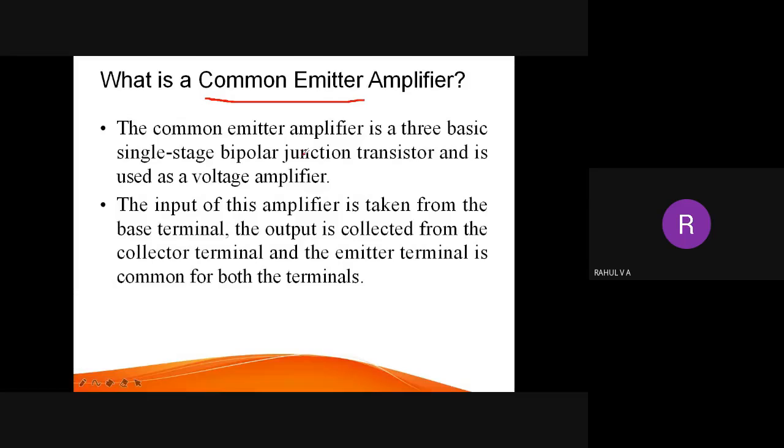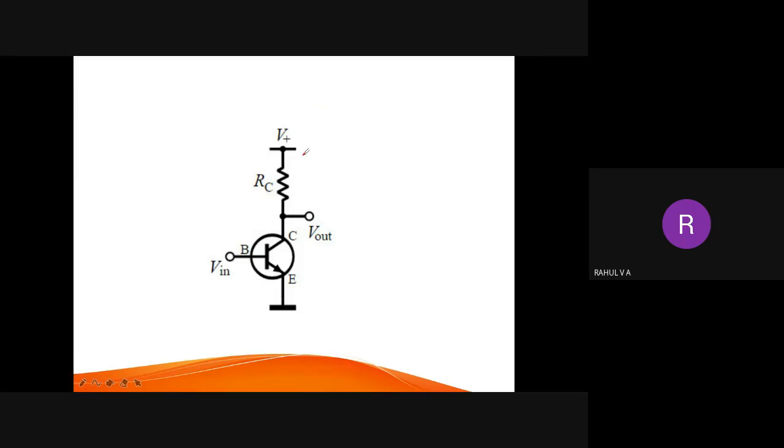The common emitter amplifier is a three basic stage bipolar junction transistor, and it is used as a voltage amplifier. The input of the amplifier is taken from the base terminal. The output is collected from the collector terminal, and the emitter terminal is common for both input and output. So this was the common characteristic.